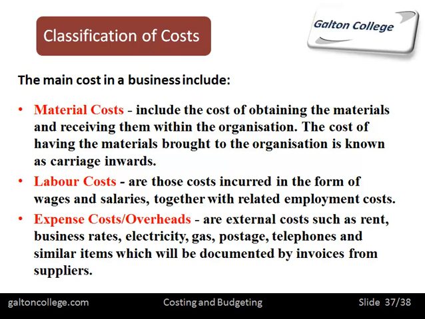These are external costs such as rents, business rates, electricity, gas, postage, telephones, and similar items. And these will have to be met as well. They're a cost, and the business must pay those, otherwise it won't run effectively.